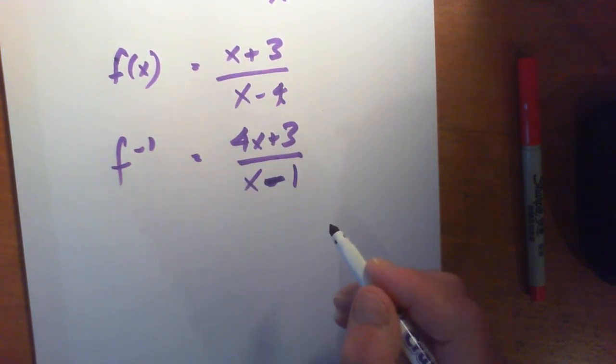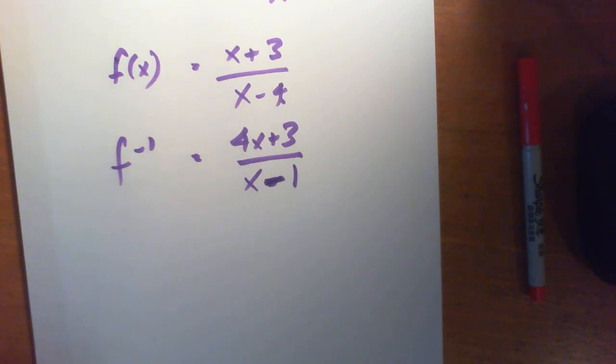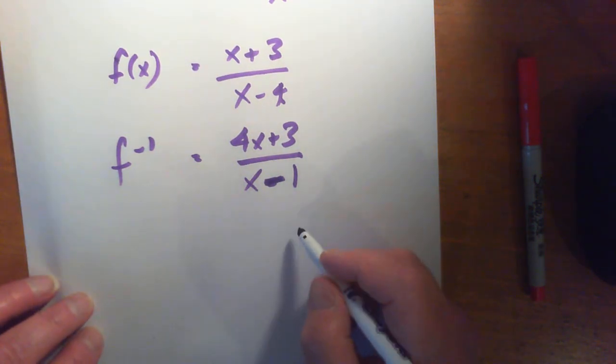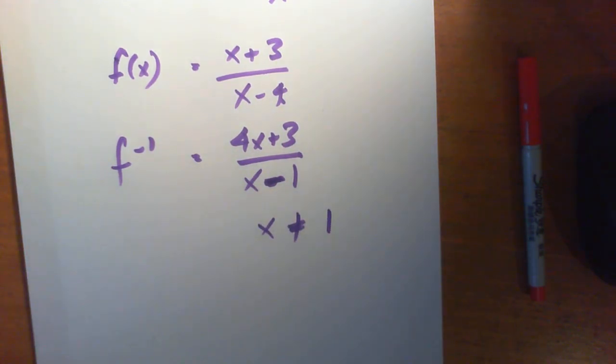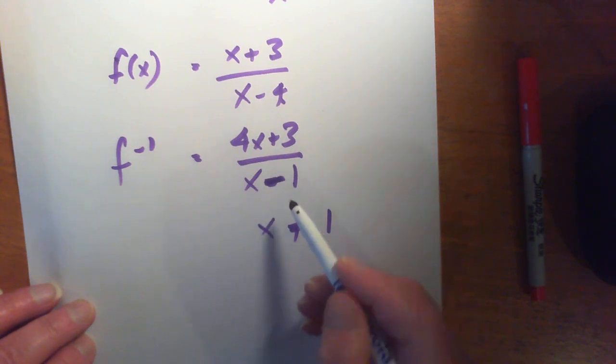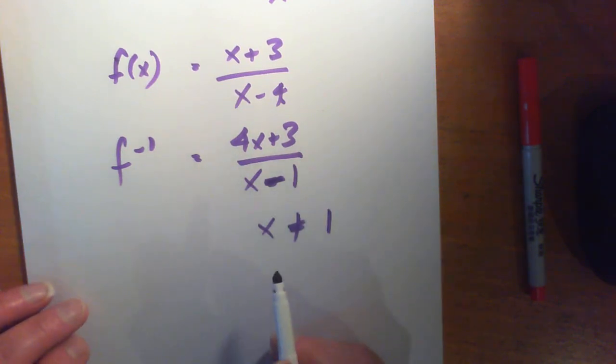Most people seem to be able to get that, but what they did not state was that you need to stick that in for full marks. Looking at this denominator here.